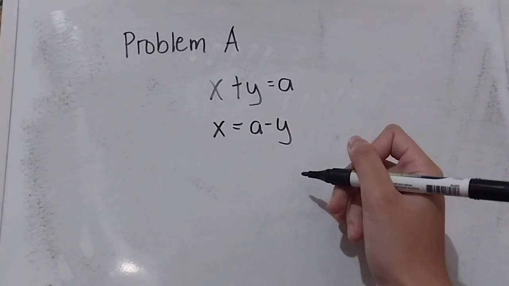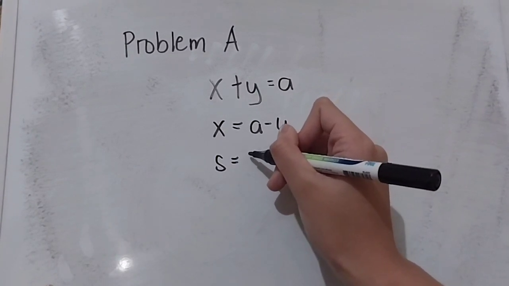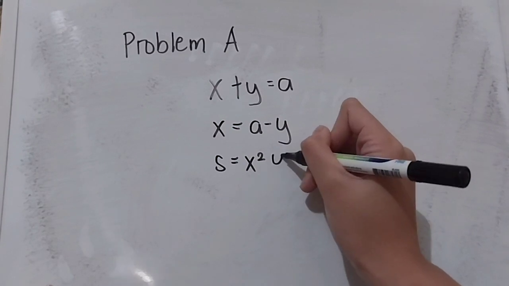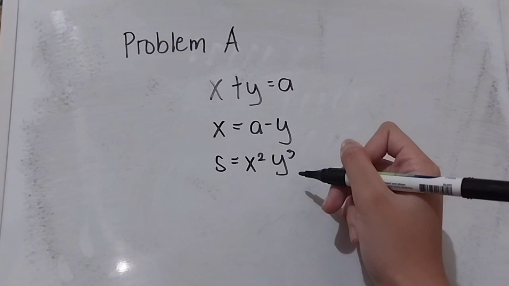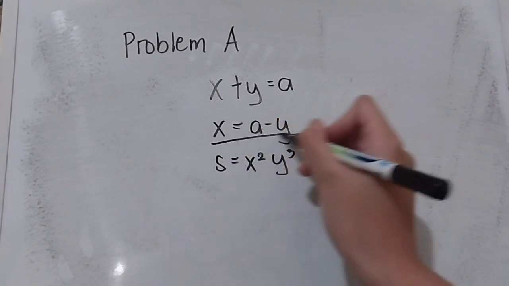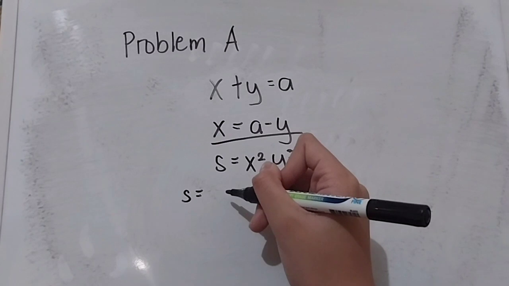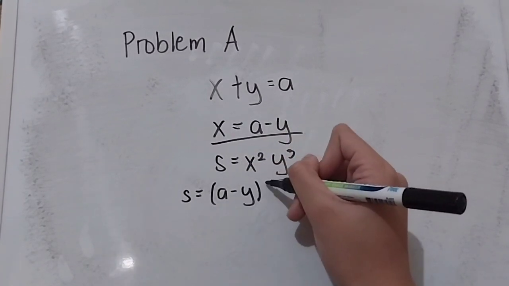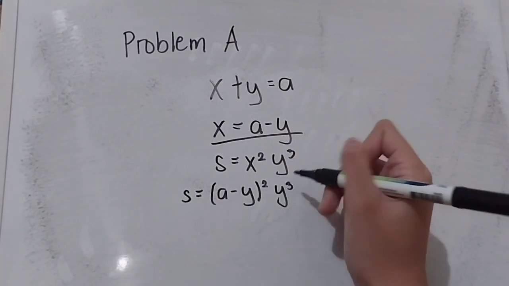Then, let S be the product of the square of one by the cube of the other. And now, let's substitute the value of x in equation B. So it will become S equals (A minus y) exponent of 2, then y cubed.